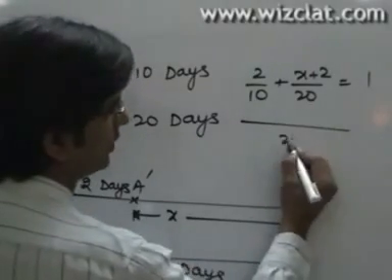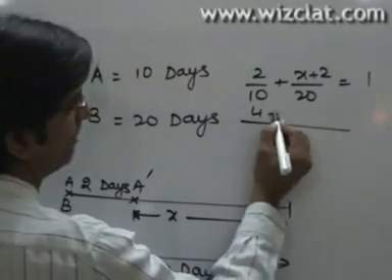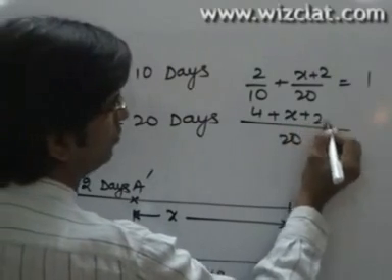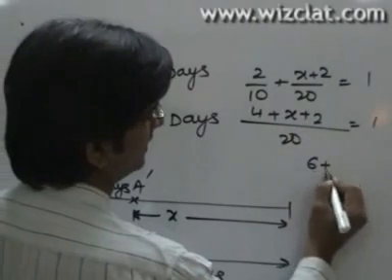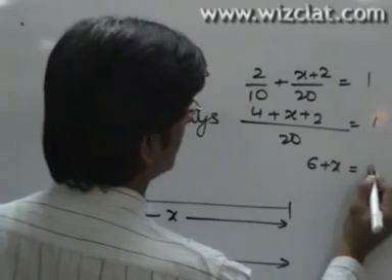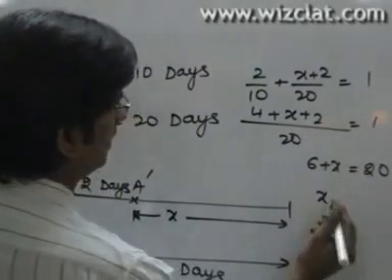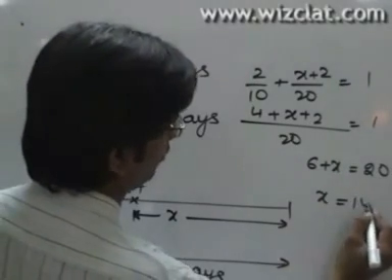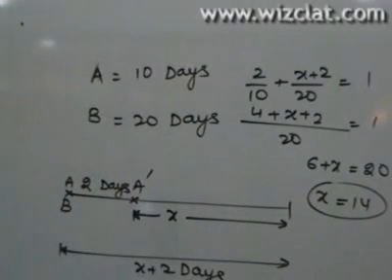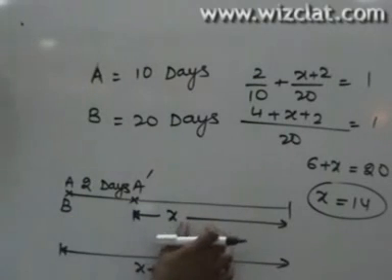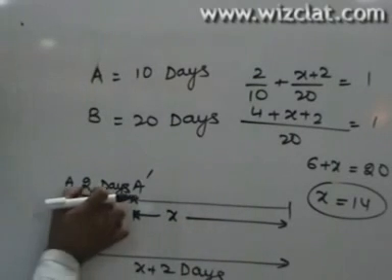On solving this equation, we will get 4 plus X plus 2 is equal to 20. So 6 plus X is equal to 20, so X is equal to 14 days. Therefore, the total number of days required to complete the work is 14 plus 2, 16.